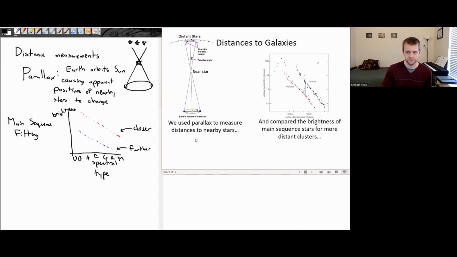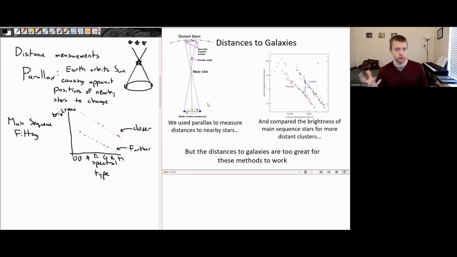The problem is that both of these methods have limitations in how far away the object can be before this works. For the parallax measurement, if the object's more than around 10,000 light years away, even for the Gaia mission, those parallax angles are going to be too small to measure with current technology.